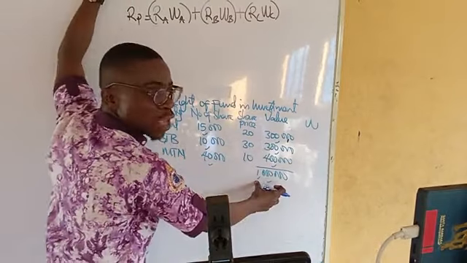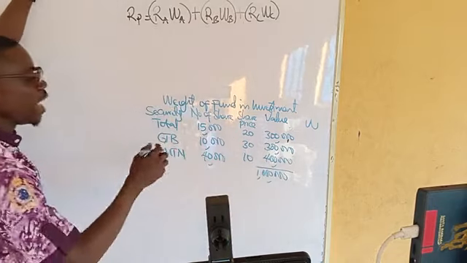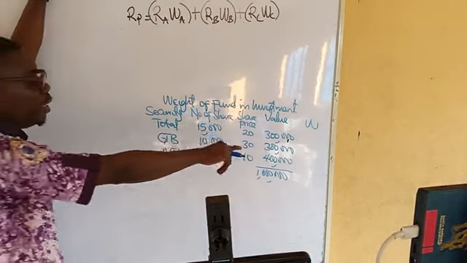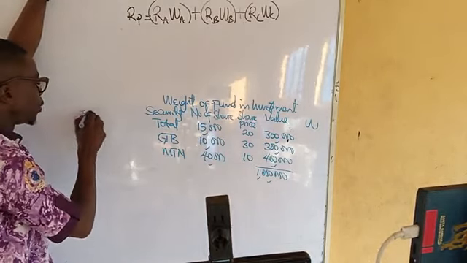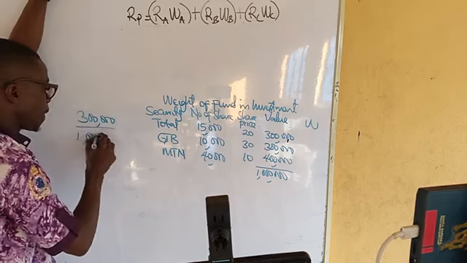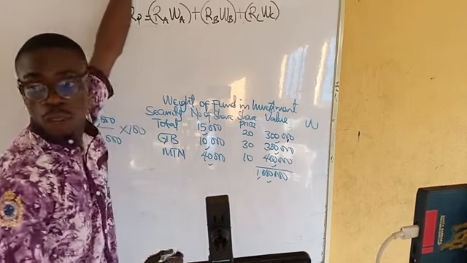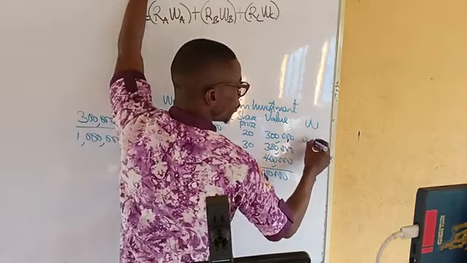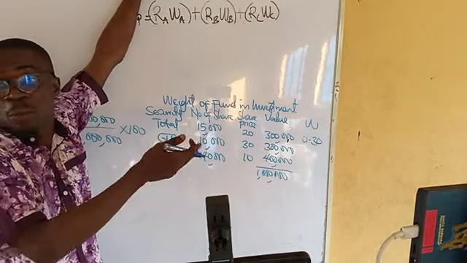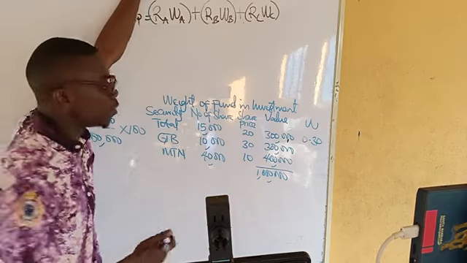If the total value of the investment is 1 million, the weight of investment in total will be 300 over 1 million times 100. That will give us 0.3. For the weight, we want to use the decimal point. That's 30%, and 30% is 0.3 in decimal.